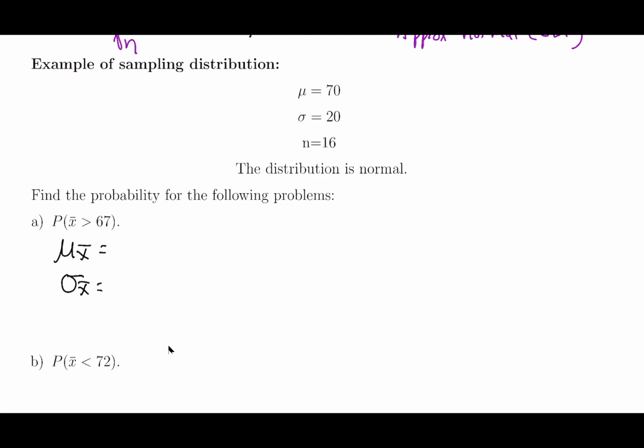Yeah, 70. And sigma of x bar, you get by doing 20 divided by the square root of 16, which is 20 divided by 4, which is equal to 5. Everybody so far good with mu of x bar and sigma of x bar?